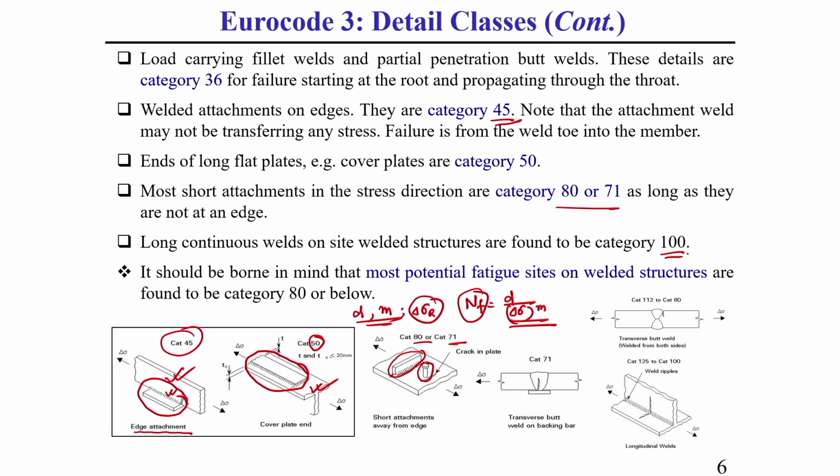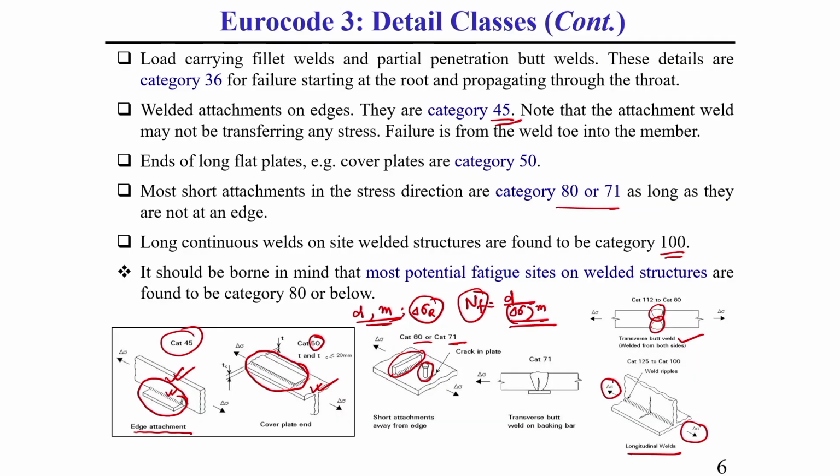Just I am showing. Generally this 100 category can be a transverse butt weld with both-sided weld, a double-sided weld joint, or it can be a longitudinal fillet weld. Longitudinal fillet weld in the sense that here the load is acting along the longitudinal direction, parallel to the weld direction, which is why it is called a longitudinal fillet weld.